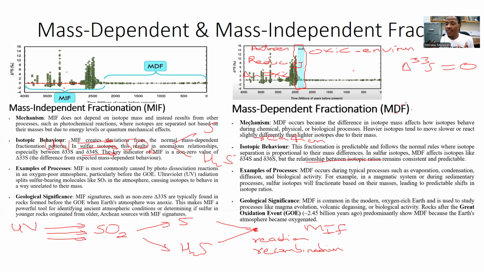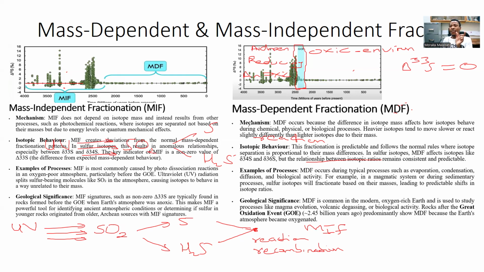One thing that you must understand is that in the Archean times, that is to say before 2.45 billion years ago, or before the Great Oxidation Event, like I mentioned, we had this sulfur compound or sulfur dioxide in the atmosphere. Okay, then that was dissociated by the UV radiation.